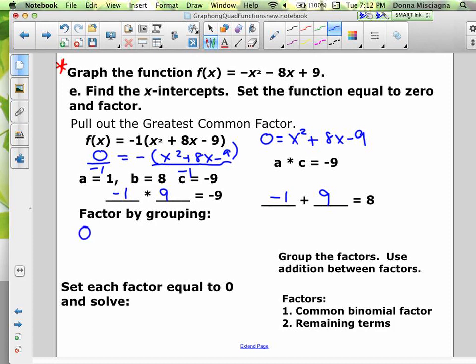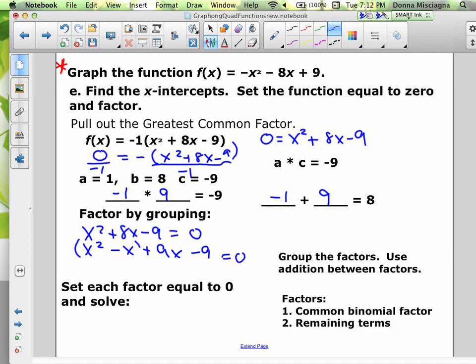So we have 0 equals x squared. Actually, let's put the 0 on the other side. Sometimes it's nicer to have it over there. So we have x squared plus 8x minus 9 equals 0. We replace that 8x with a -x, so x squared minus x plus 9x minus 9 equals 0.